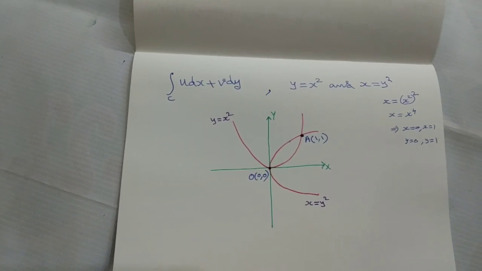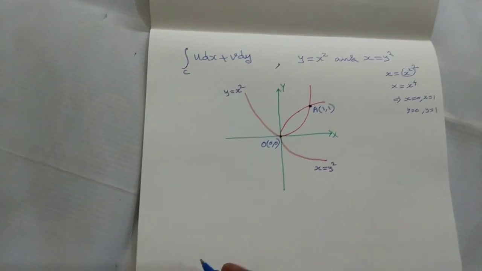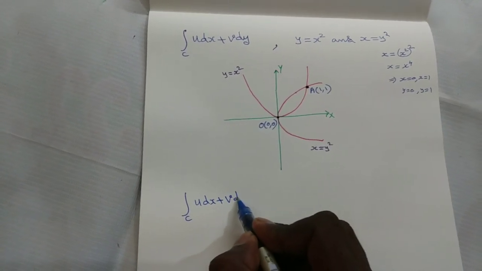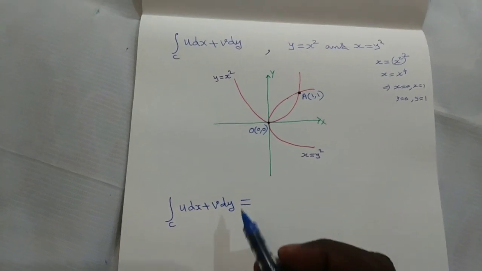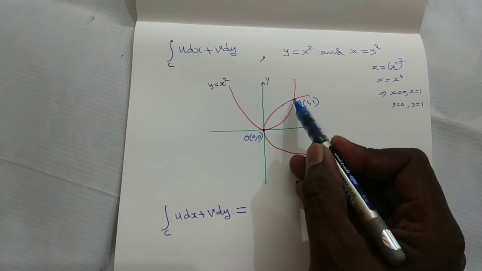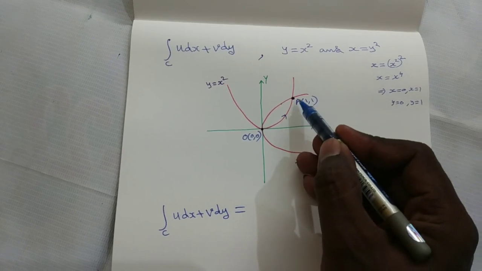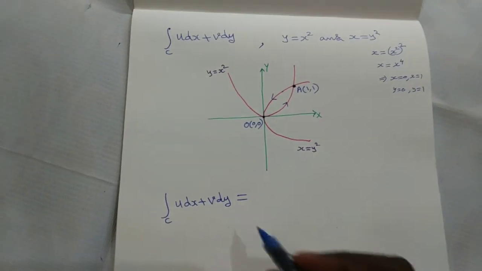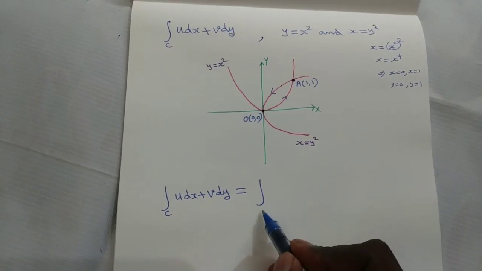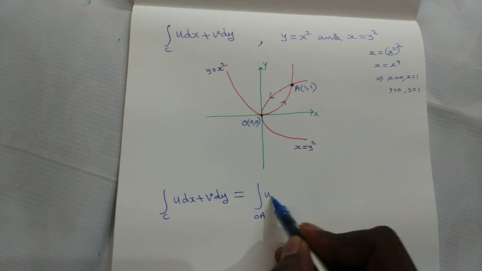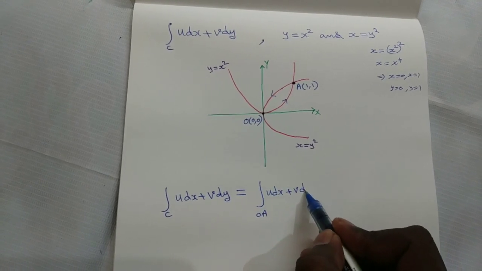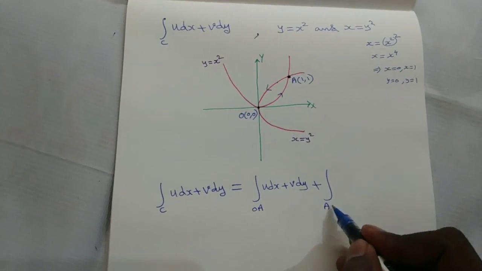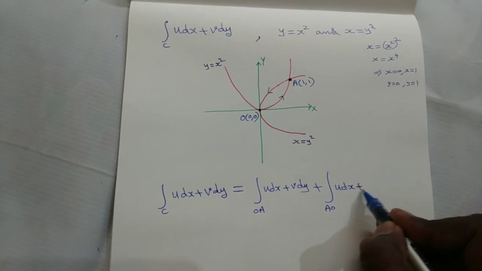Okay, so now I am going to find the LHS of Green's theorem. The integral over C of u dx + v dy is a line integral. This line is along OA in this direction, plus another line integral along AO. So the integral over C is the integral over OA of u dx + v dy plus the integral along AO of u dx + v dy.